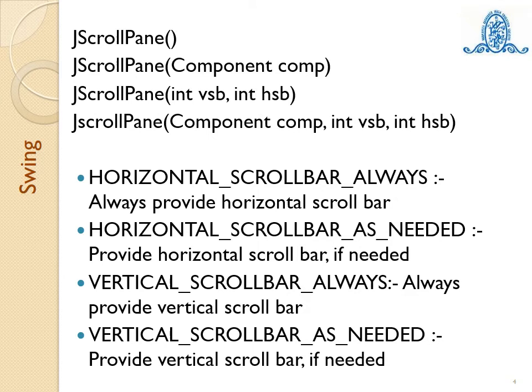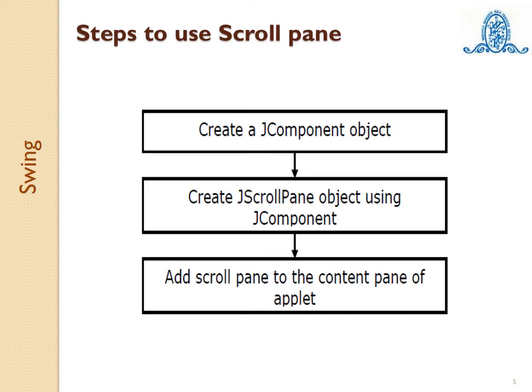Now the last constructor of the JScrollPane class is JScrollPane(Component com, int VSB, int HSB). The first is the component to which we are providing the vertical scroll bar and horizontal scroll bar using the VSB and HSB values.